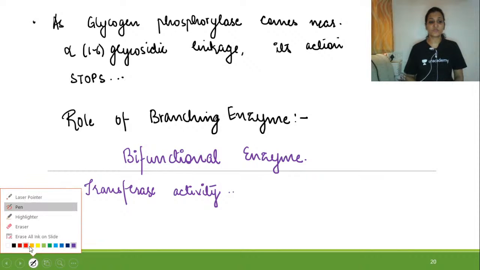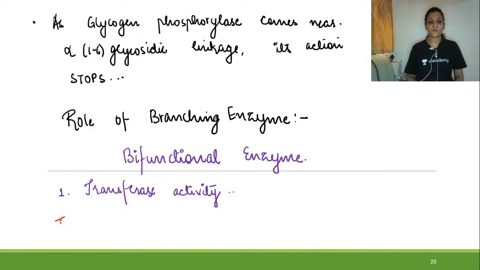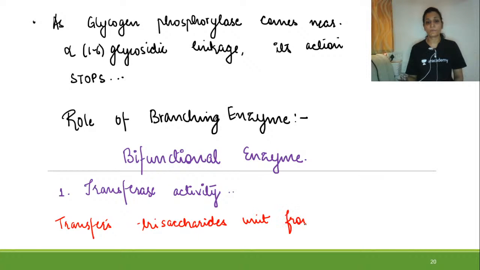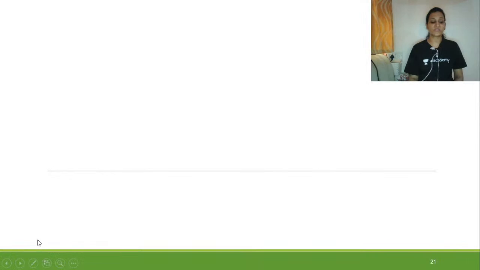So let me write this also: transfers trisaccharide unit from branching point to linear molecule. So how does it do this? Let us see the actual reaction.